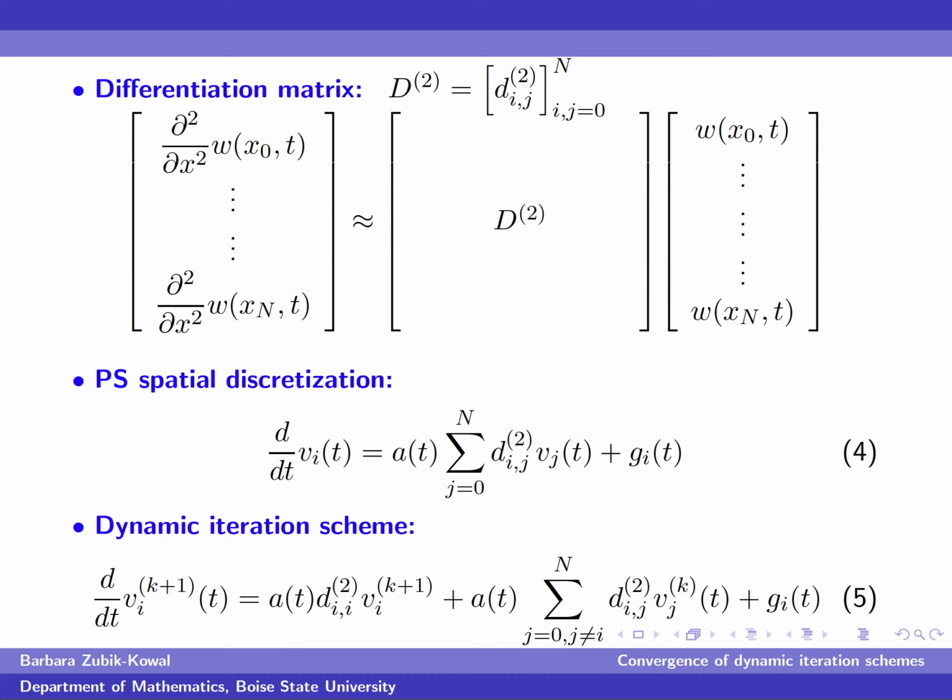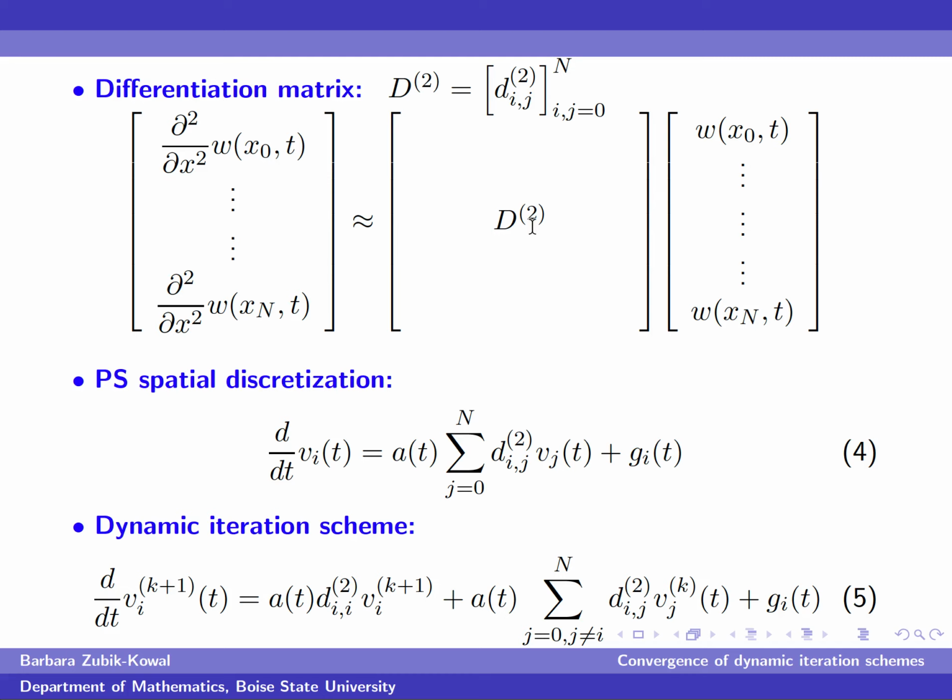In the case of pseudospectral semi-discretization, we get completely different differentiation matrices. These are now dense and lower dimensional matrices, and for example, for the heat equation, we use such a second order differentiation matrix denoted here by the upper index 2.